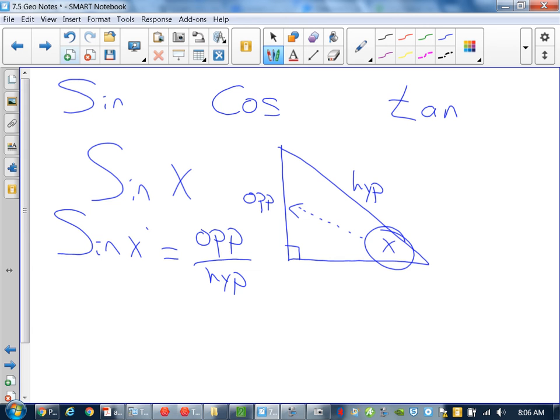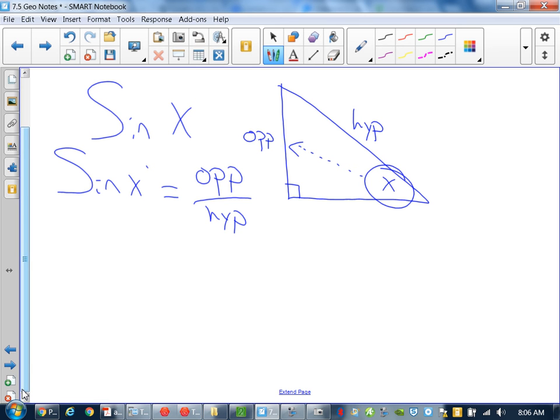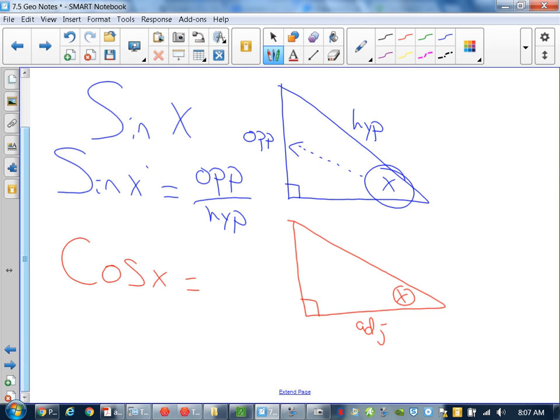So the sine of some angle is the opposite over hypotenuse. The cosine, I'll just go through all three of them real quick. The cosine of some angle is the adjacent over the hypotenuse.